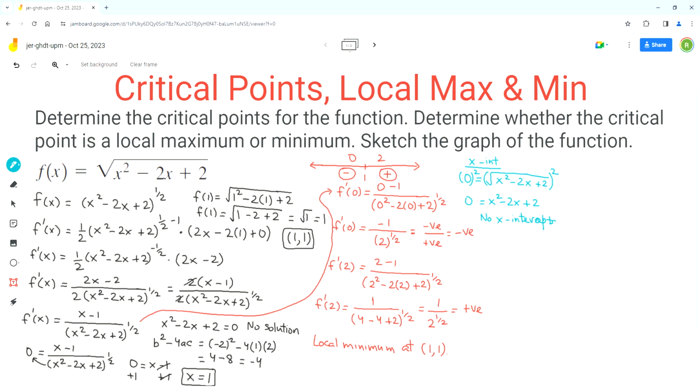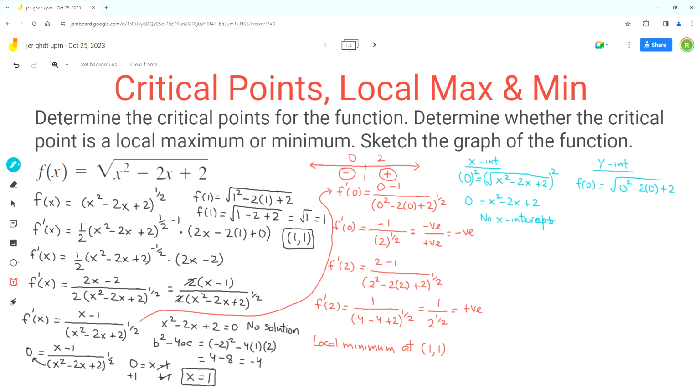Now we can find its y-intercept. For that, we will sub in x as 0 in the given function. So f of 0 equals the square root of 0 squared minus 2 times 0 plus 2. Now we can simplify this expression.